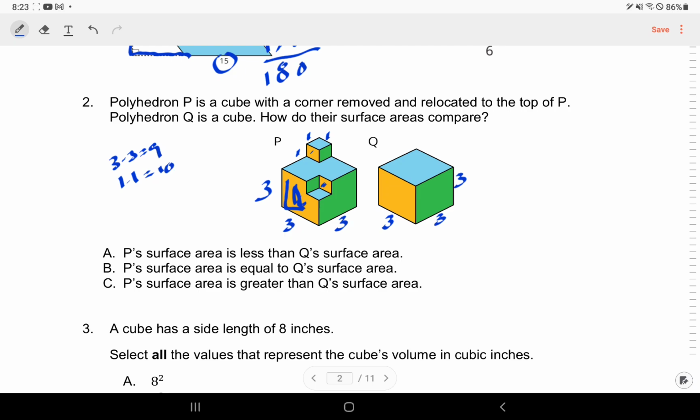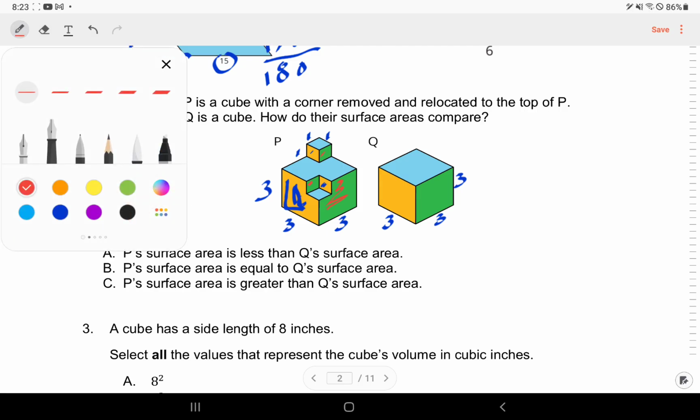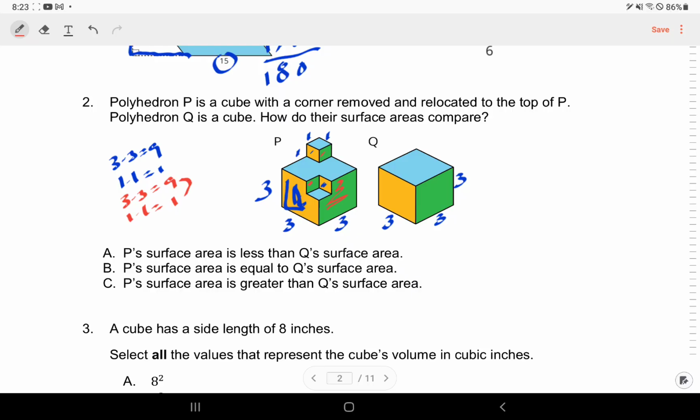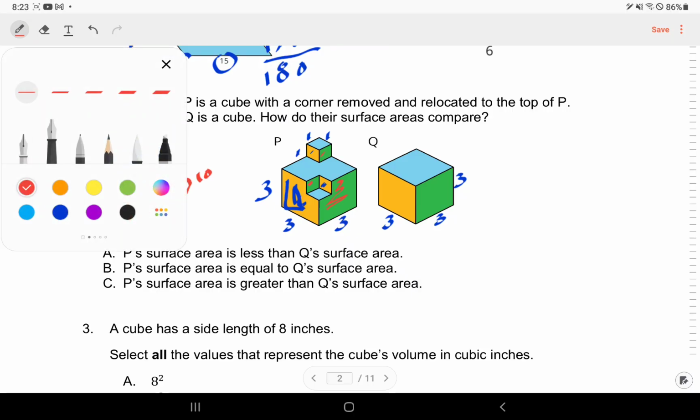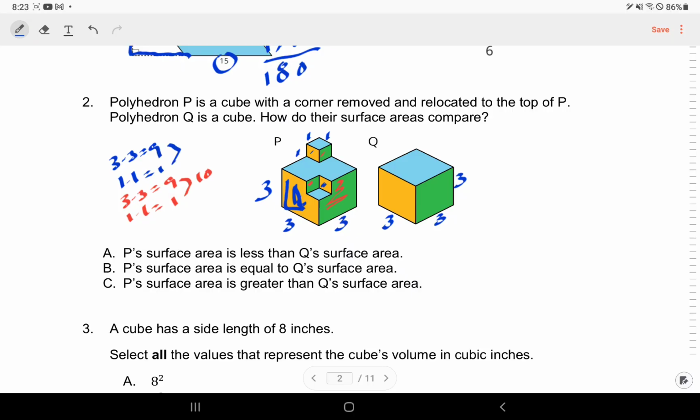Then this green space is 3 times 3, which is 9, and then 1 times 1, which is 1, and so together that makes 10.